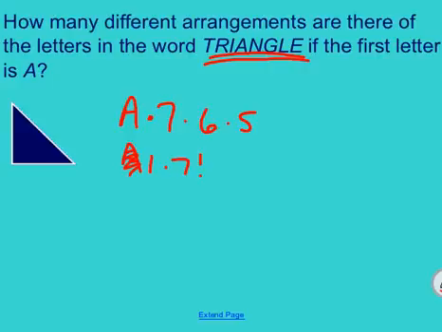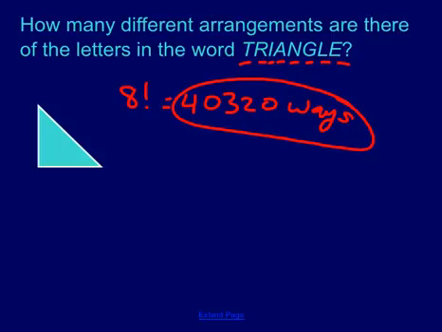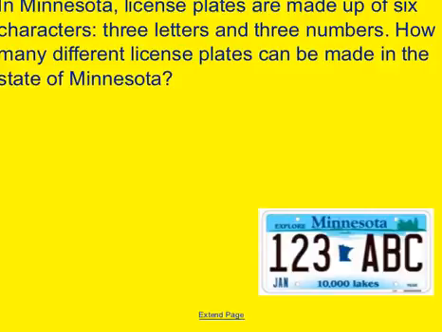And then 7 factorial is only 5,040 ways. So, by just removing 1 letter, 8 factorial is 40,000, and it's down to 5,000. So you have to understand, hey, the order of arrangements is pretty big.